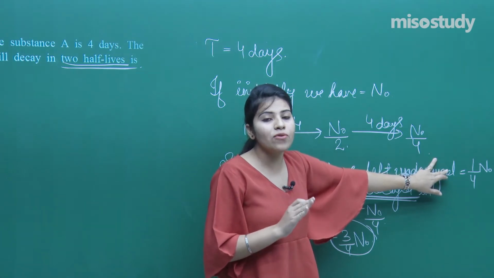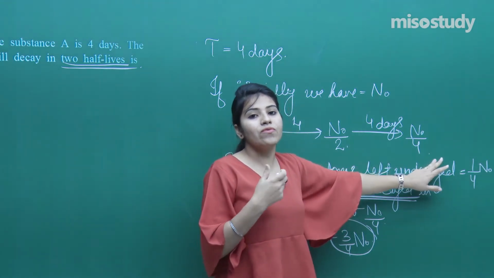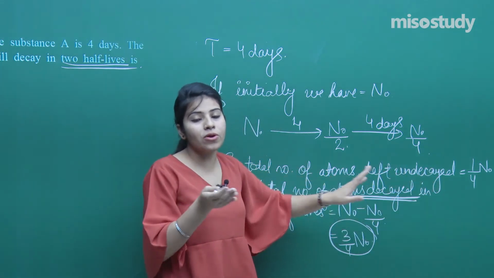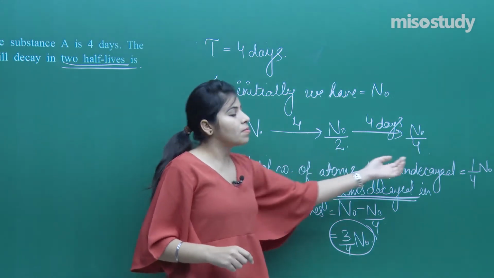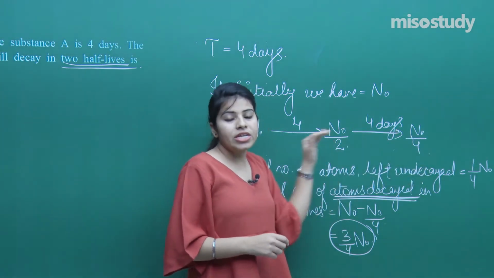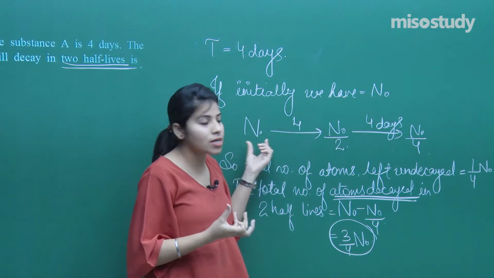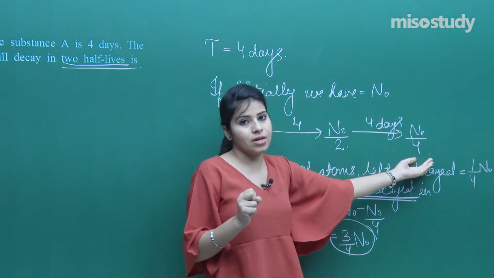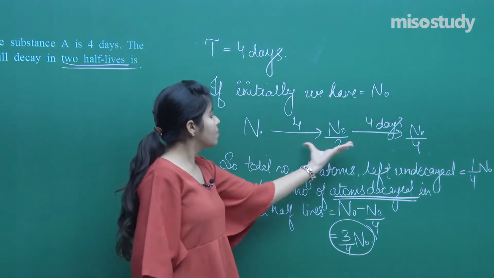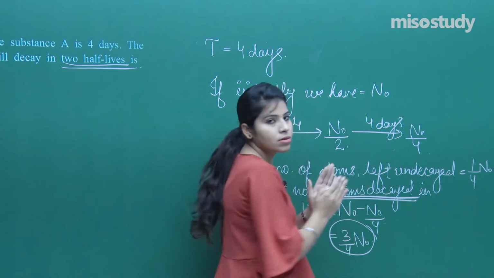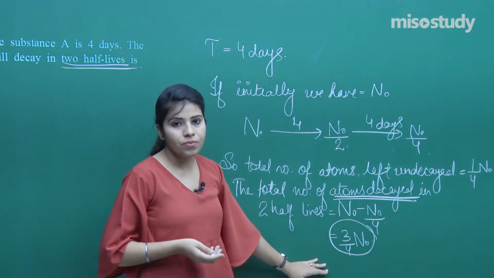This is the number of atoms that has been left undecayed. Now if we want to find the number of atoms that have decayed, that will be n naught minus n naught by 4. Initial minus final, because the initial amount was greater and the final amount was lesser. So the total number of atoms that have decayed will be this difference, which is what we have done here, right?